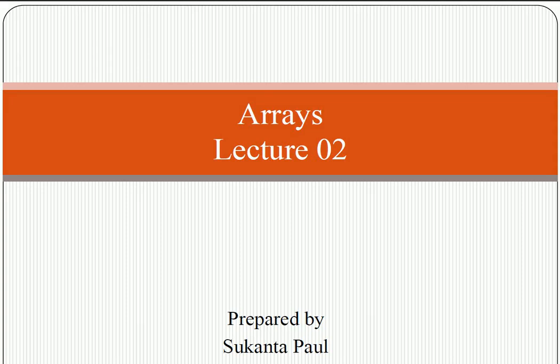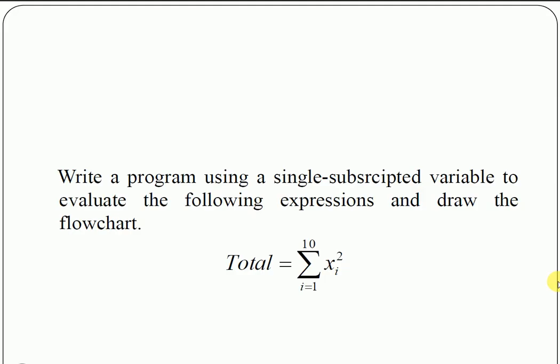Our today's topic is arrays. We are going to show how you can write a program using a single subscripted variable to evaluate the following expressions and draw the flowchart also. Here we have to calculate the value of xi square, where i is starting from 1 and will continue to 10.